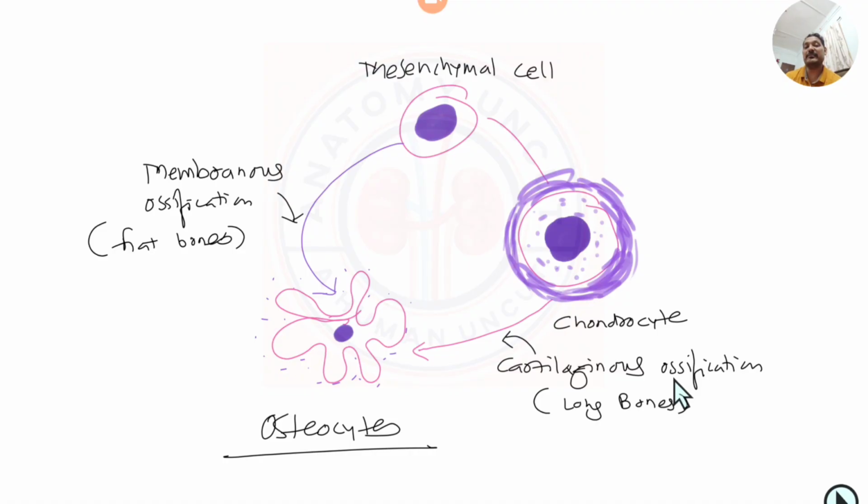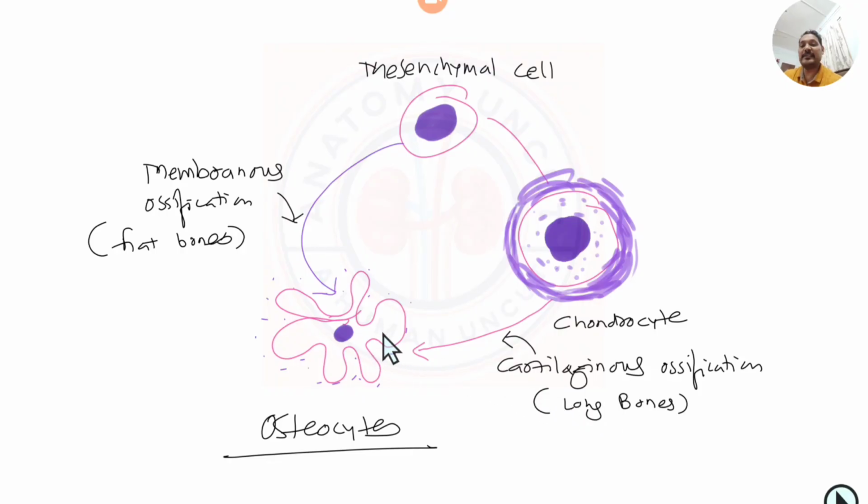The place in that primitive model of the bone where bone formation starts for the first time is known as the ossification center, and if it comes before birth it is known as the primary center. If the center develops after birth, we call it the secondary ossification center.